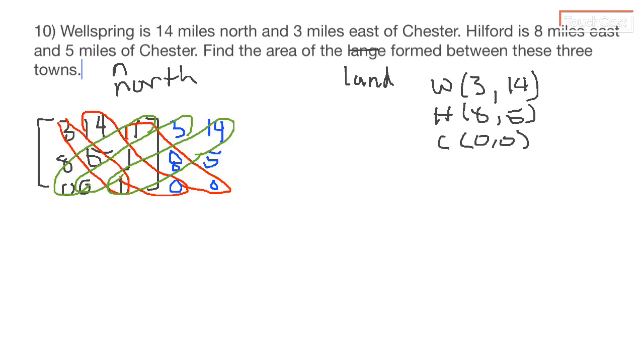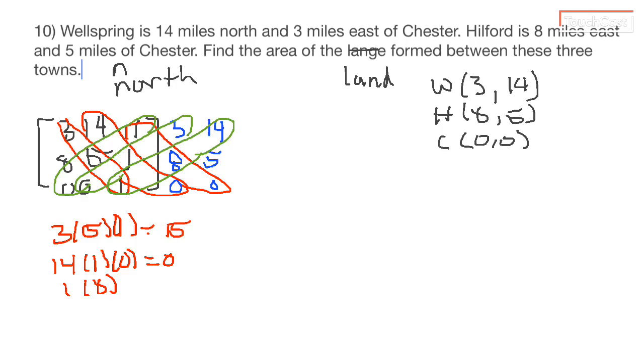So when I looked at finding the determinant, we go 3 times 5 times 1, which is 15. You can go 14 times 1 times 0, that's 0, and 1 times 8 times 0, which is also 0. So if we add those, we're going to get 15.